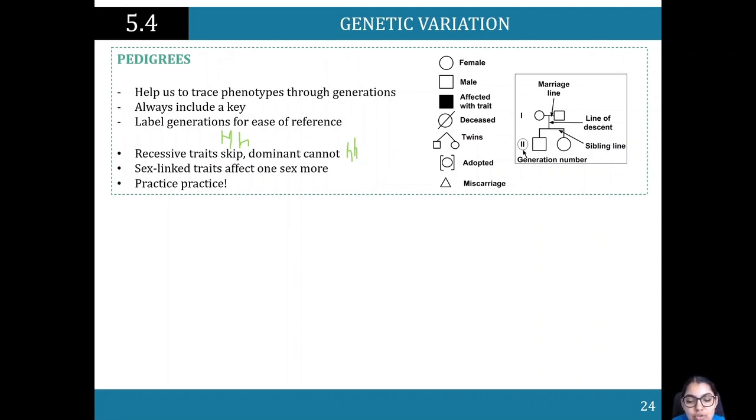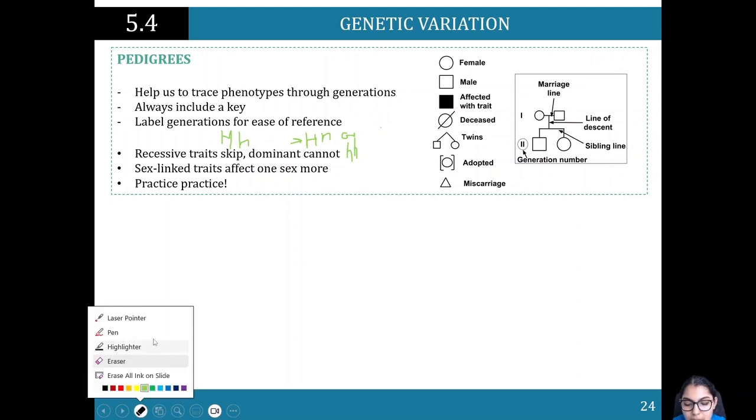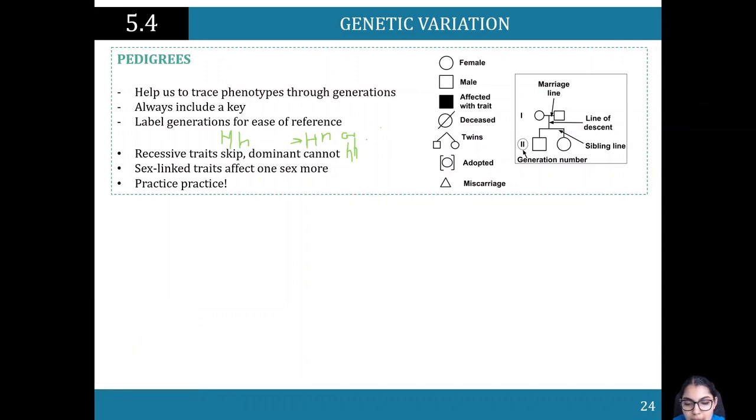If it is dominant, in the case of dominance, it could be either Hh, or it can be both capital letters, HH.